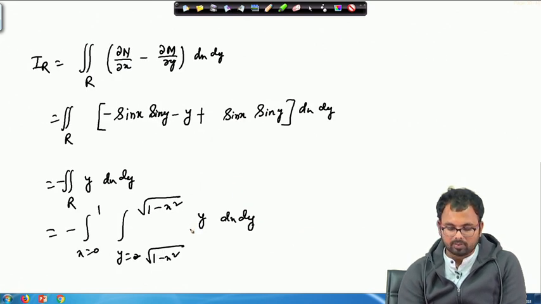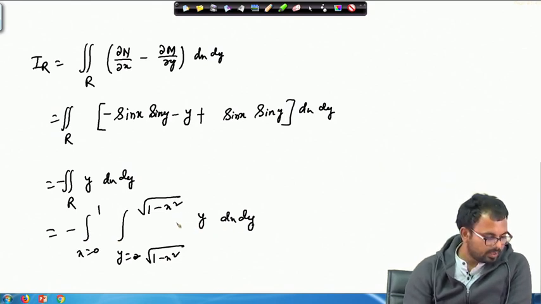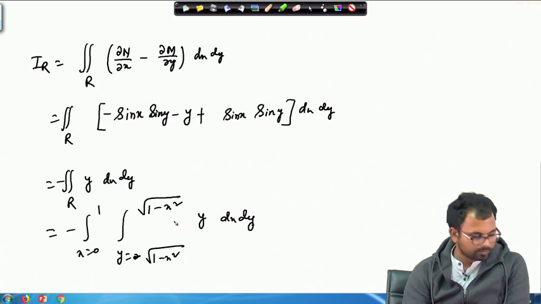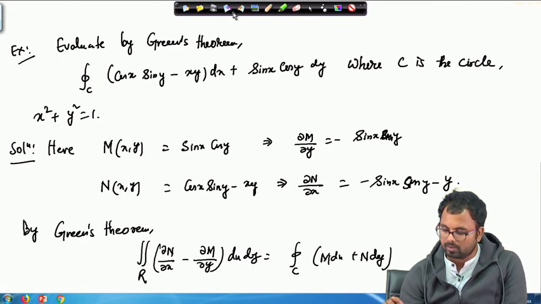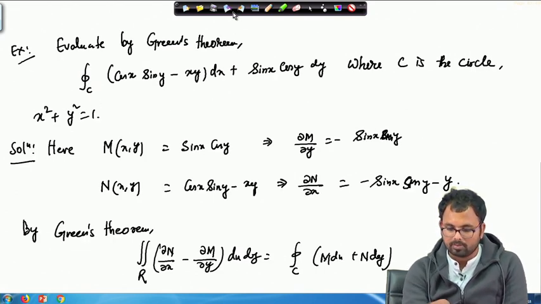So, here you can integrate, and then we basically obtain here del n del x. So, this is my m.